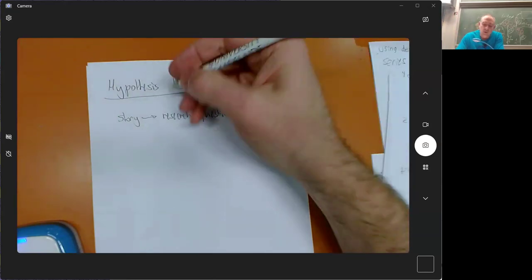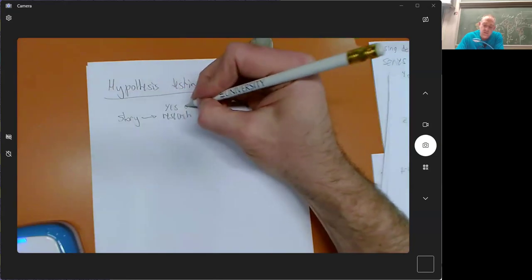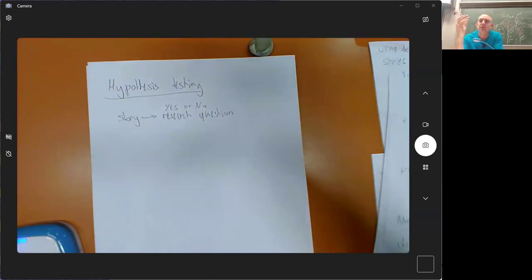And that research question is usually about whether a particular number is a specific thing. So is the mean 2 liters? Is the proportion 50%? Okay, so it'll be a research question. And what we need is a yes or no research question. Hypothesis testing can only answer yes or no questions. It cannot answer any other kind of question.